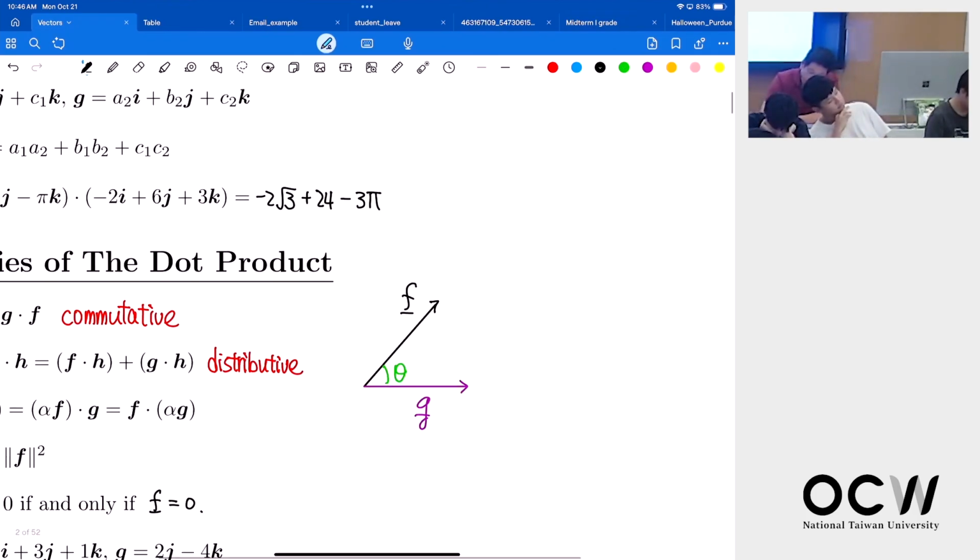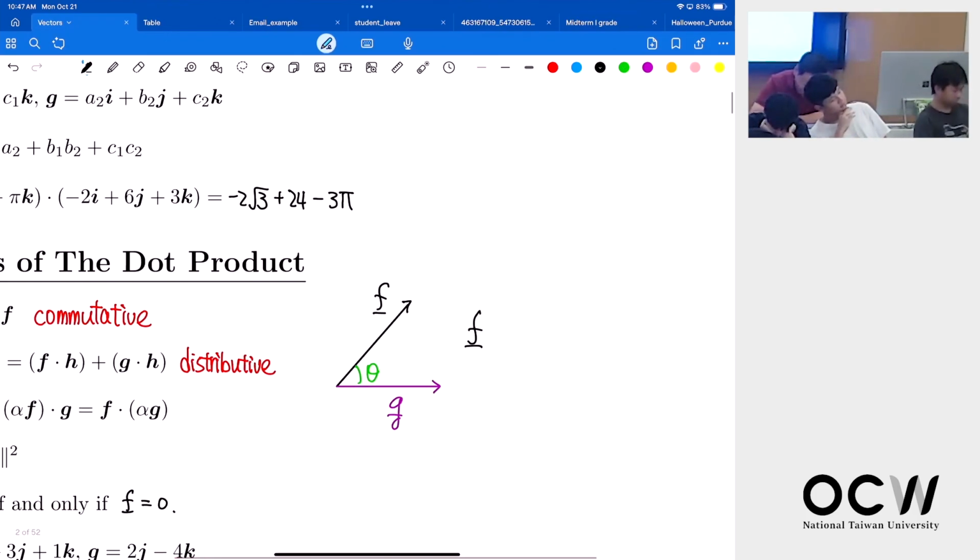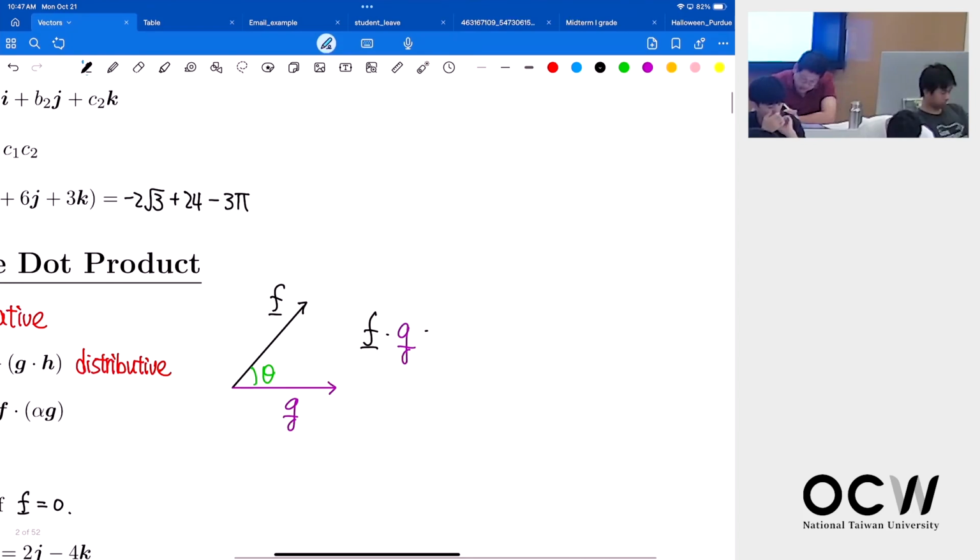So f dot g is the norm of f times the norm of g times cosine theta.